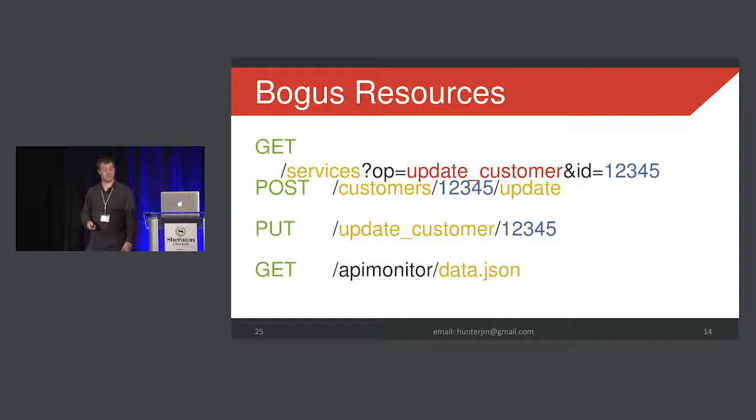So some of the problems that are out there in the wild with REST is bogus resources. Resources you can think of as nouns. You have your users, you have your tweets, you have your statuses. That's kind of different from SOAP, where SOAP are actions, SOAP are verbs, stuff to do, whereas in REST, it's nouns.